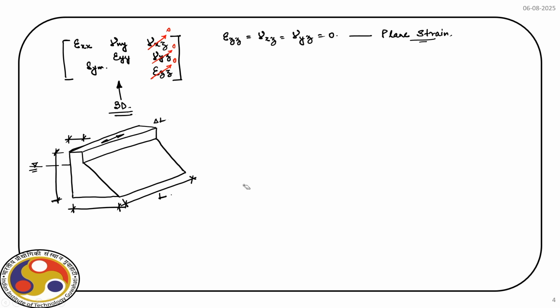Now, if that is the case, what do we have? We have epsilon xx, epsilon yy, and then gamma xy. If you recall, epsilon pq of a line having direction cosines nx, ny, nz, the expression we derived earlier is this one.